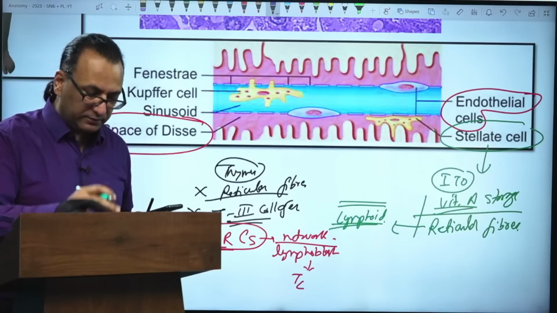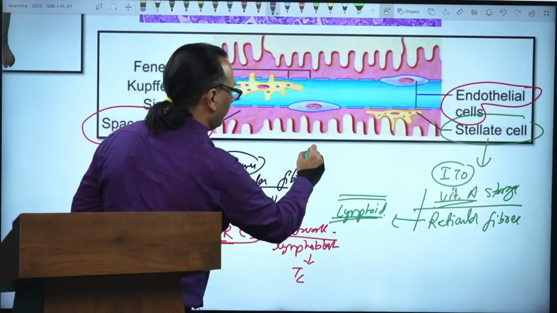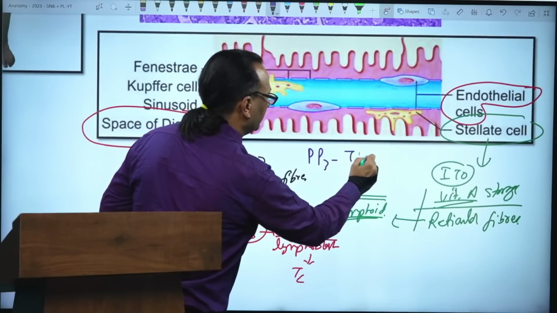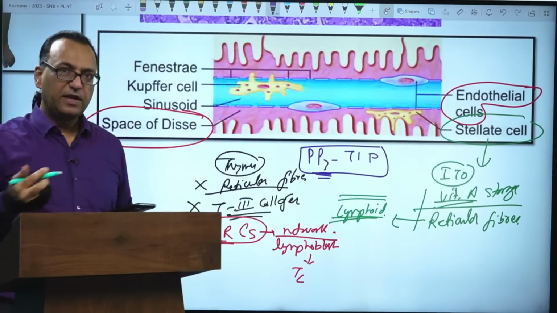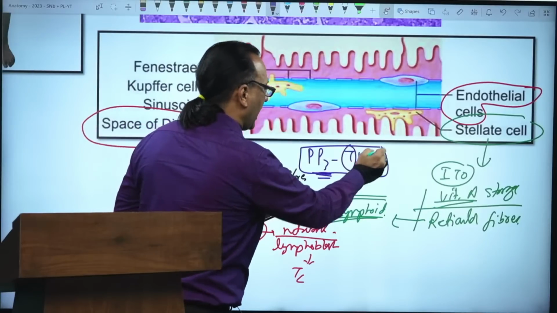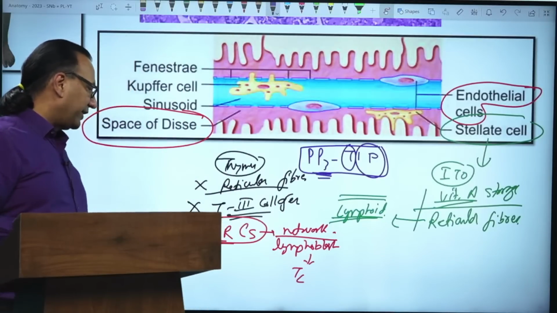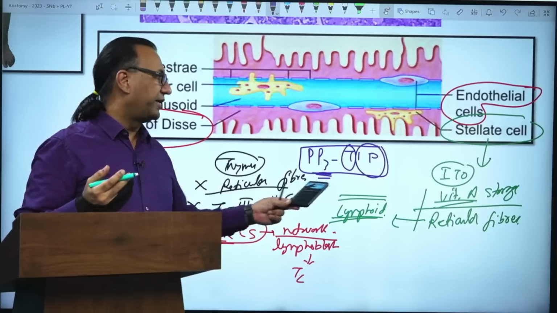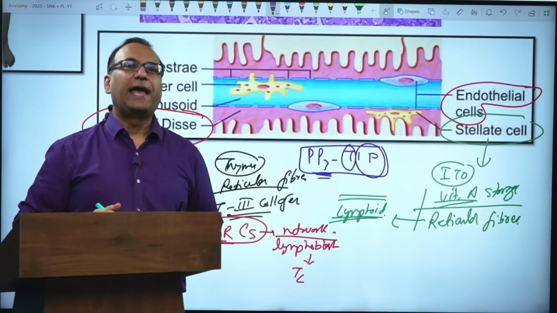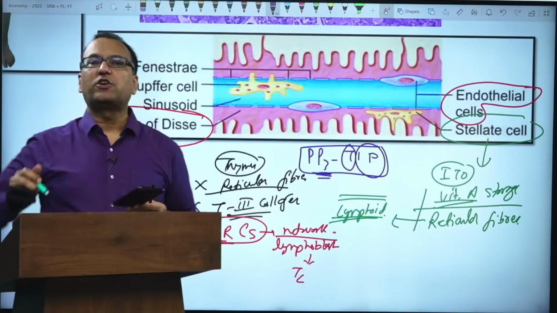You should remember a mnemonic: PP3 tip. PP3 is pharyngeal pouch 3. T is thymus. And what is IP? Inferior parathyroid. So thymic epithelial reticular cells come from pharyngeal pouch 3. Your mnemonic is PP3 tip. And PP3 may be missing in DiGeorge syndrome.